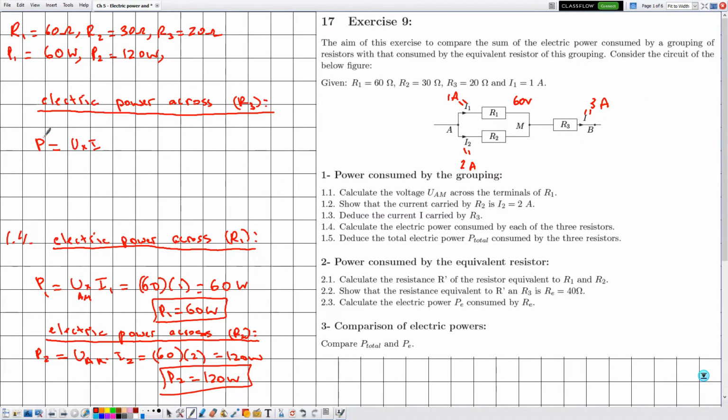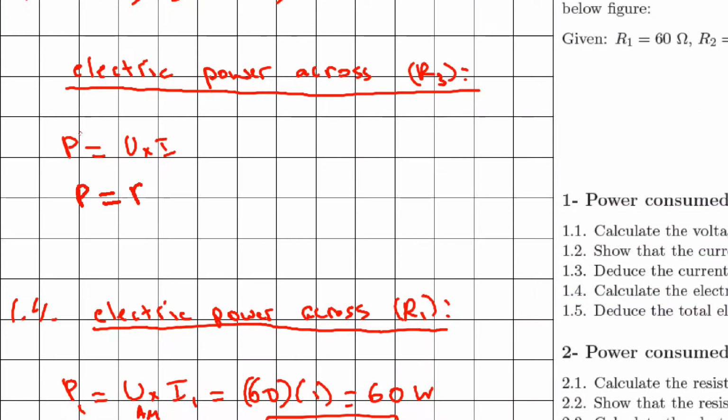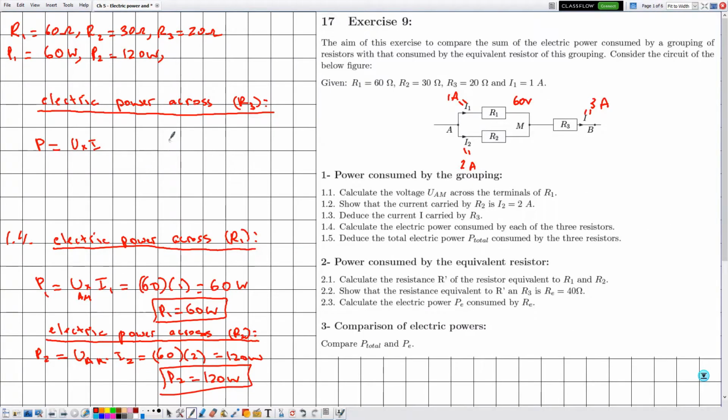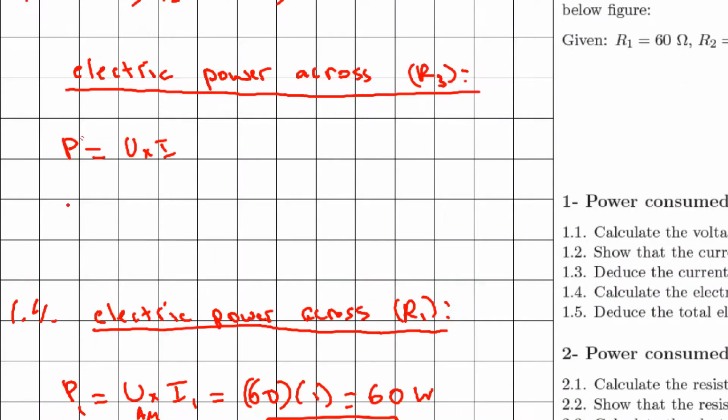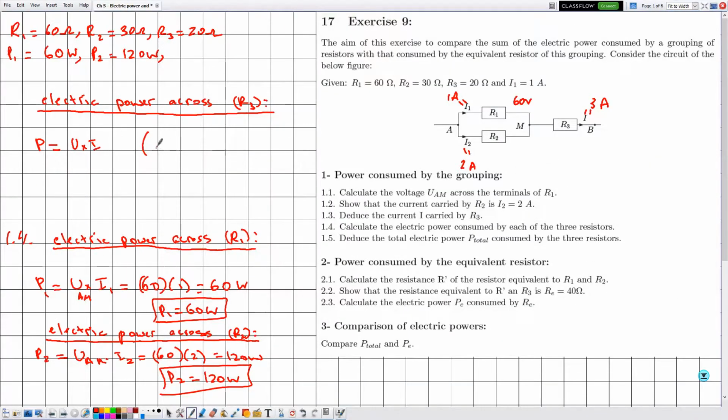So we are interested in proving that P is equal to Ri square. So in this case, if we compare this form, which is given by P is equal to Ri square, it means that, because R appears, we need to apply Ohm's law and get rid of U. So let me say U is equal to R multiplied by I, and this is given by Ohm's law.